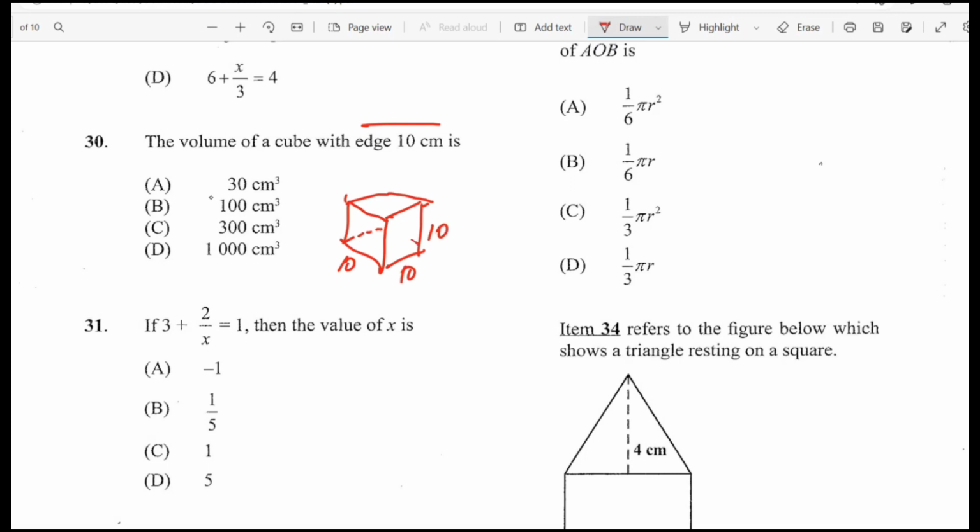We know that the volume of a cube is simply the area of the cross section times the height. In this case, I'm picking the base times the height. So we multiply 10 times 10 times 10, and we get 1,000 cm cubed. D.